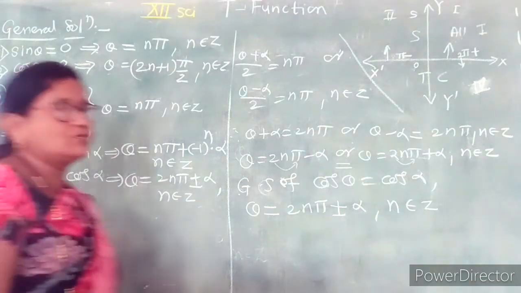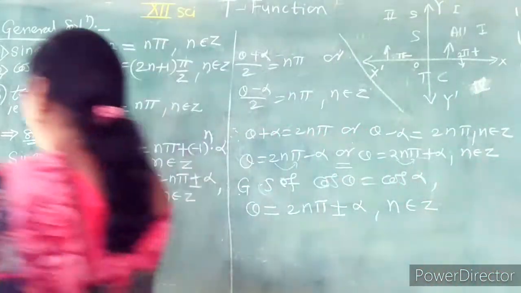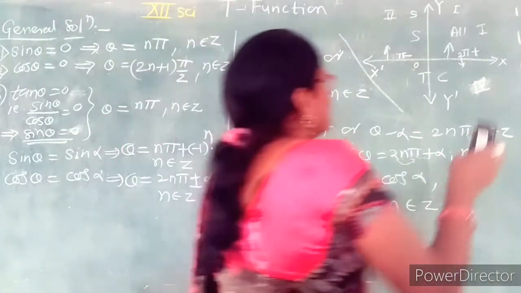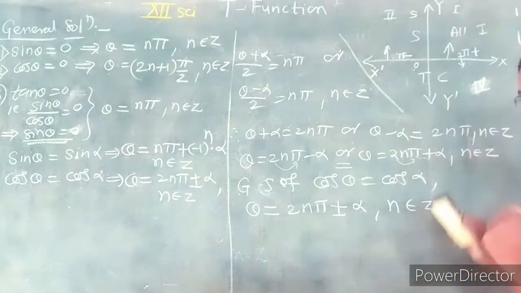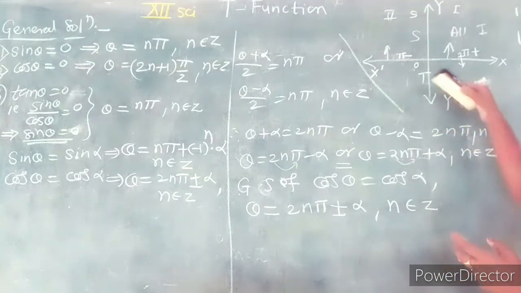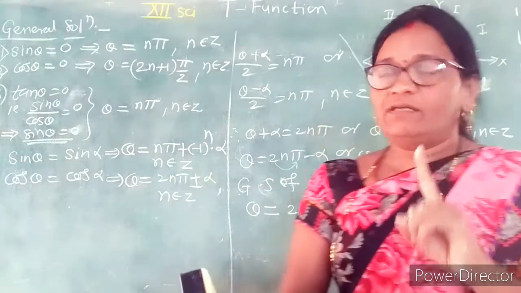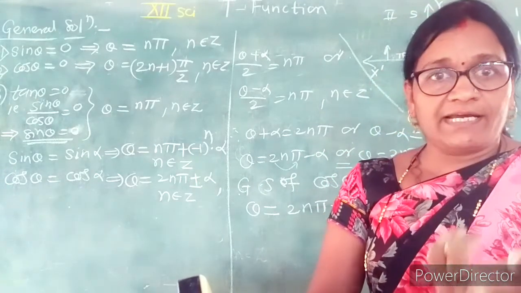Now to find the solution for the third equation, that is tan theta equal to tan alpha. Again, this is a simple rule using the principal solution. Before this, you know that sine ratios are positive in the first and second quadrants, whereas in the third and fourth they are negative. So when values are given negative, we find their solution in the opposite quadrant. But when we find the general solution, we first find its positive value, and after this we find the negative.